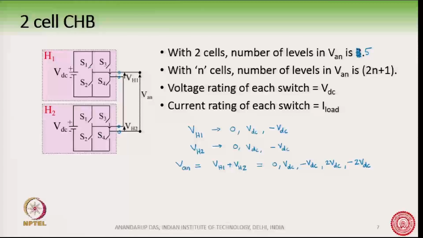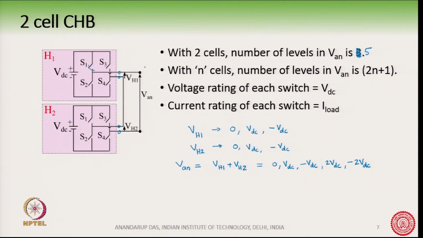Because if you, for example, turn on this device, the voltage that needs to be blocked by S2 is VDC, and hence the voltage rating of each switch, these switches being all identical, is VDC throughout, and the current rating of each switch is equal to I load.